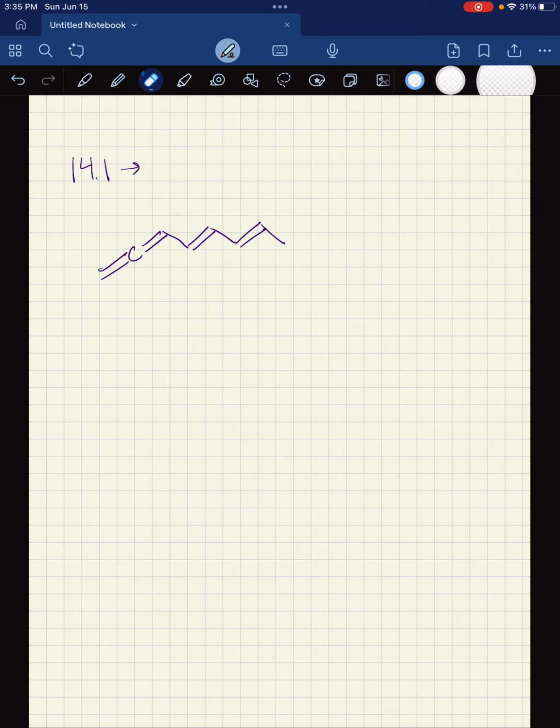All right, so then the last one you asked about was 14.1. This is going to have a similar type of issue where, since you have this cumulated pi system, one of those pi bonds is going to be in the same setup, and then the other one will not be.